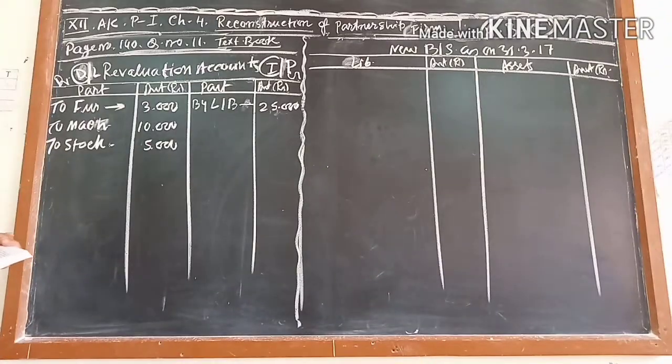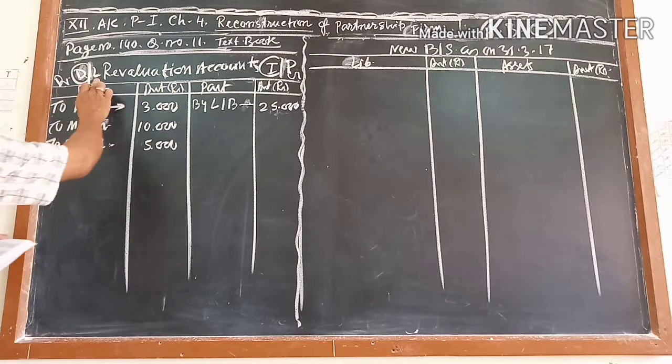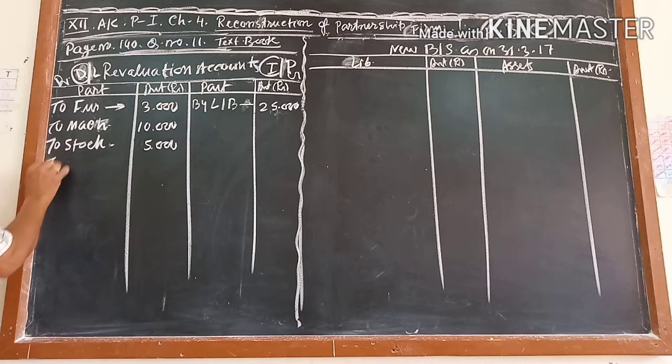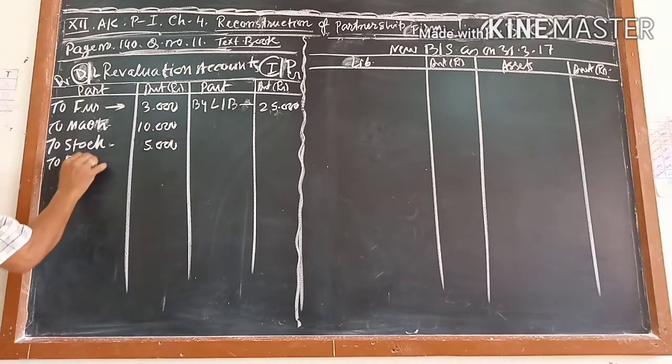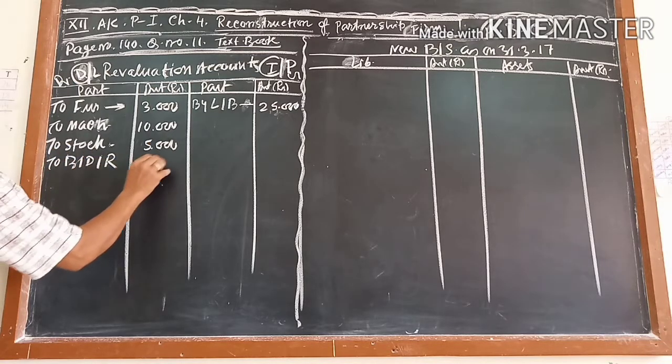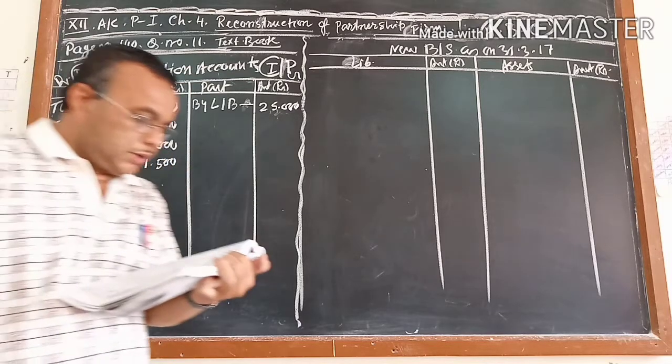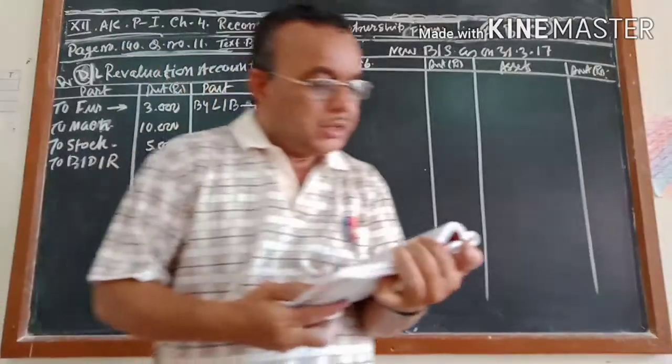That is the best. So that is called provision for bad debts, BDR. How much? 1,500, not 2,500. Keep in mind.